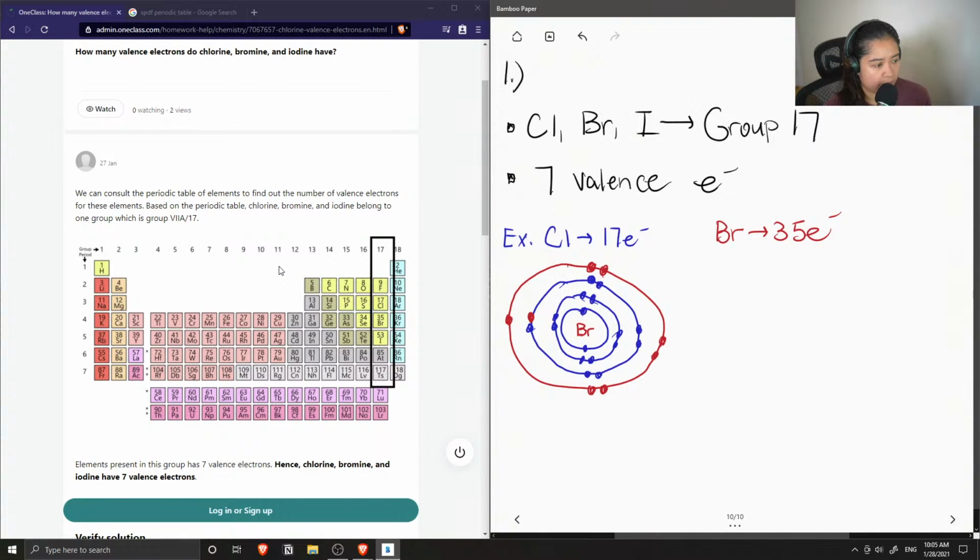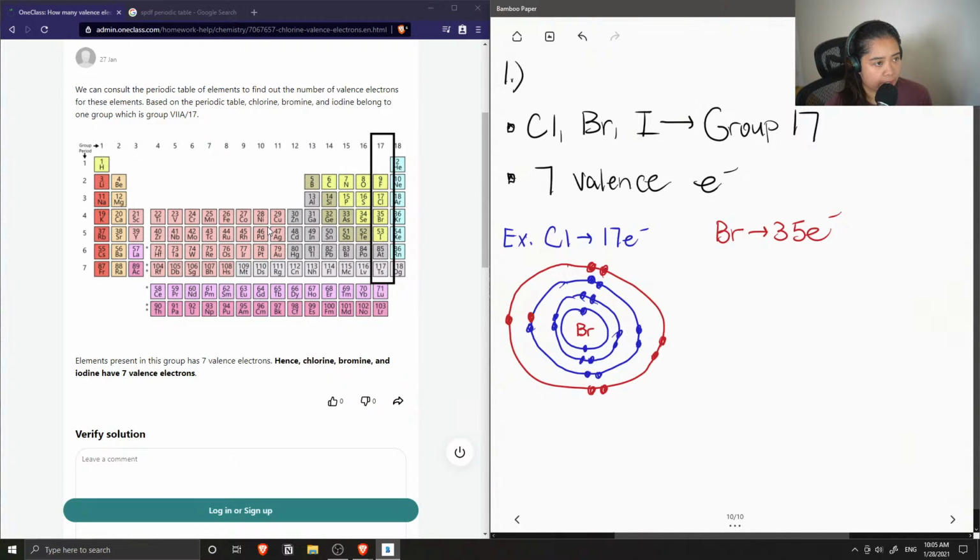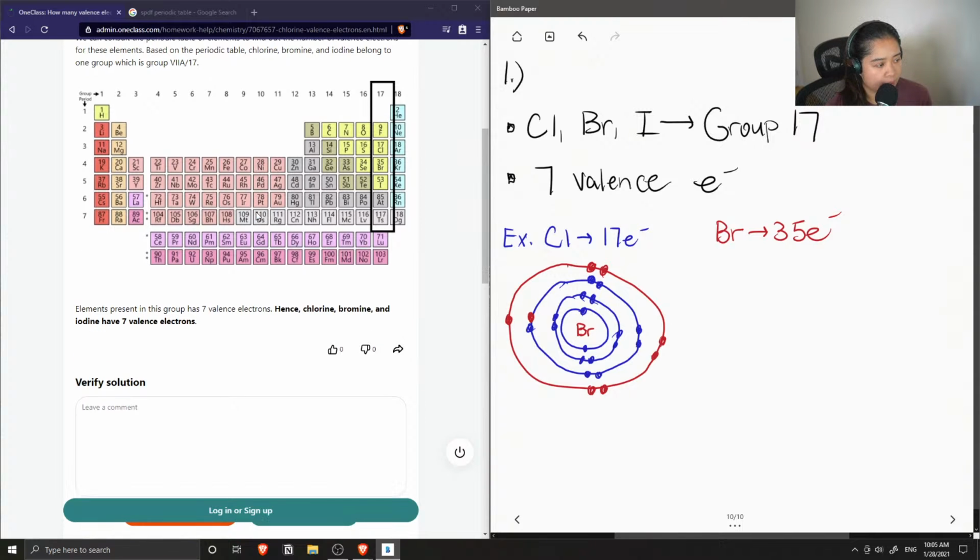So let's see what the junior tutor said. We can consult the periodic table of elements to find out the number of valence electrons for these elements. Based on the periodic table, chlorine, bromine, and iodine belong to one group, which is group 17. Elements present in this group have 7 valence electrons, hence chlorine, bromine, and iodine all have 7 valence electrons.